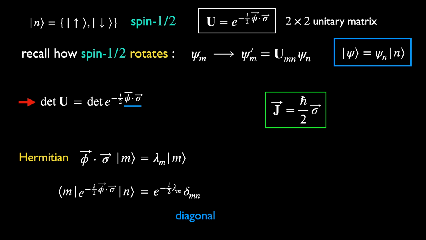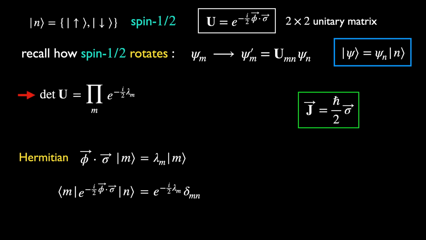Since the determinant of a matrix is independent of the basis we choose to calculate it in, the determinant of U is just the product of its eigenvalues. This translates into the sum of the eigenvalues lambda in the exponent.